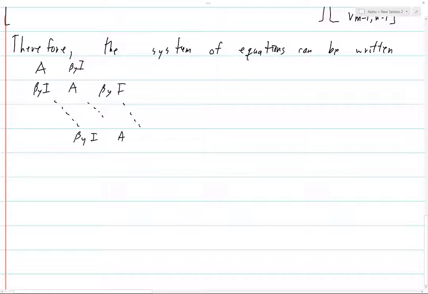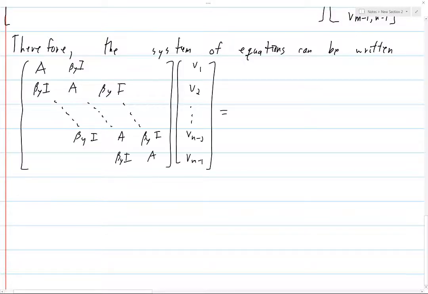This matrix times, now we have V1, V2, all the way down to Vn minus 2 and Vn minus 1. And again, each of these Vj's is a column vector. So each Vj that I've drawn here actually contains m minus 1 entries.